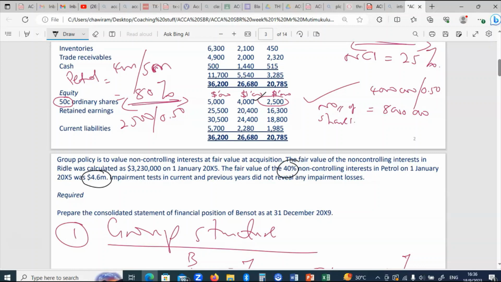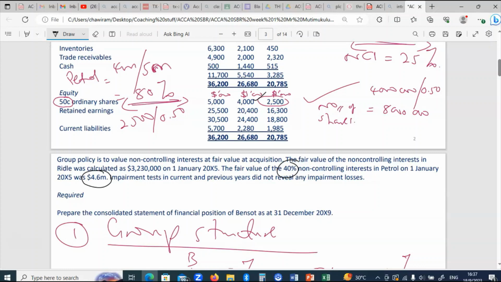All right, now in the examination, ladies and gentlemen, usually they will give you two values. They'll give you the fair value of the NCI at the date when the shares were bought, that is in 2002, and the fair value when this third company became part of the group.